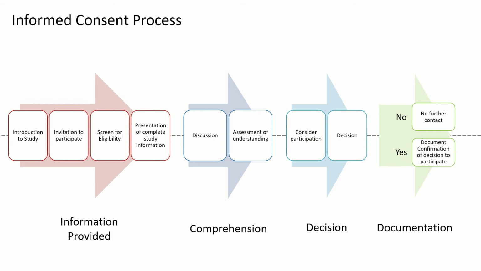After the person is invited to participate, there is usually some kind of pre-screening for eligibility. And if it's a clinical trial, you might have to do a screening visit and an enrollment visit.